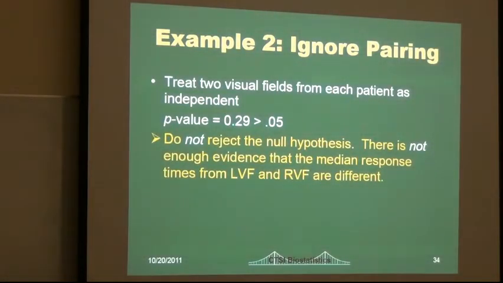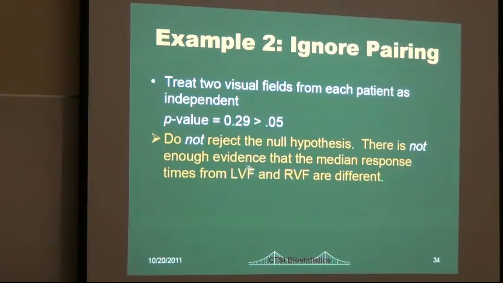So what happens if we ignore the pairing? If we ignore the pairing, the equivalent test of the sign rank test for independent samples is the Wilcoxon test. If you assume independent samples, the p-value from the 2-sample Wilcoxon test is 0.29, which is larger than the significance level that you set.